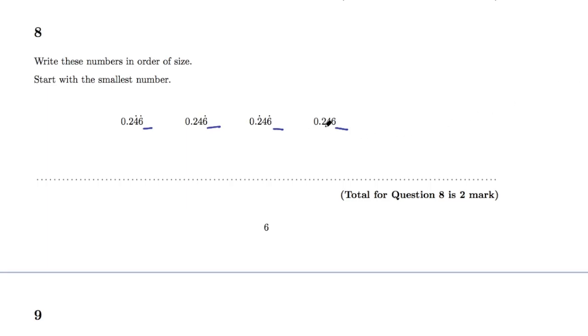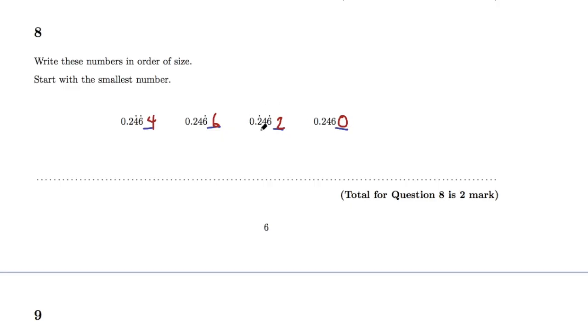So in this one, it's 0 because there are no recurring decimals. In this one, it's going to be 2. And the next digit in this is going to be 6 because the 6 is recurring, and in this one, it's going to be 4. And now we can see pretty easily that this is obviously the lowest because it's 0.2460.